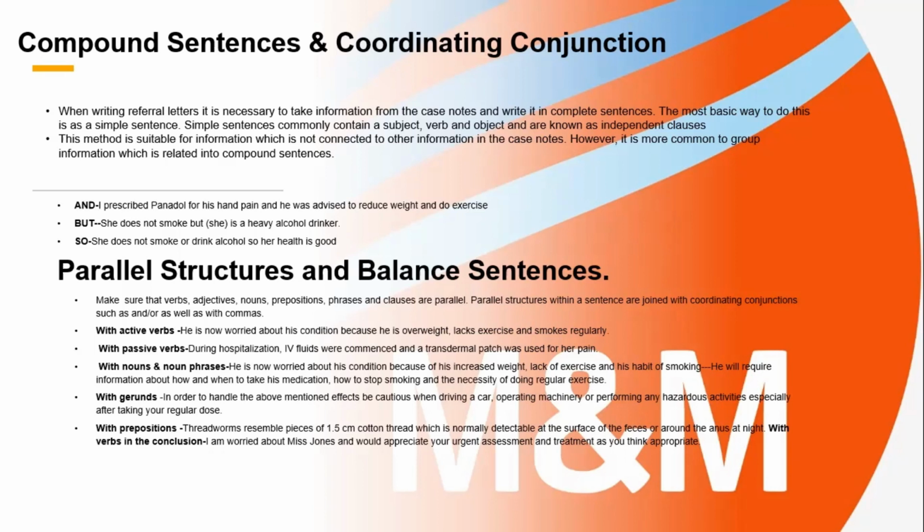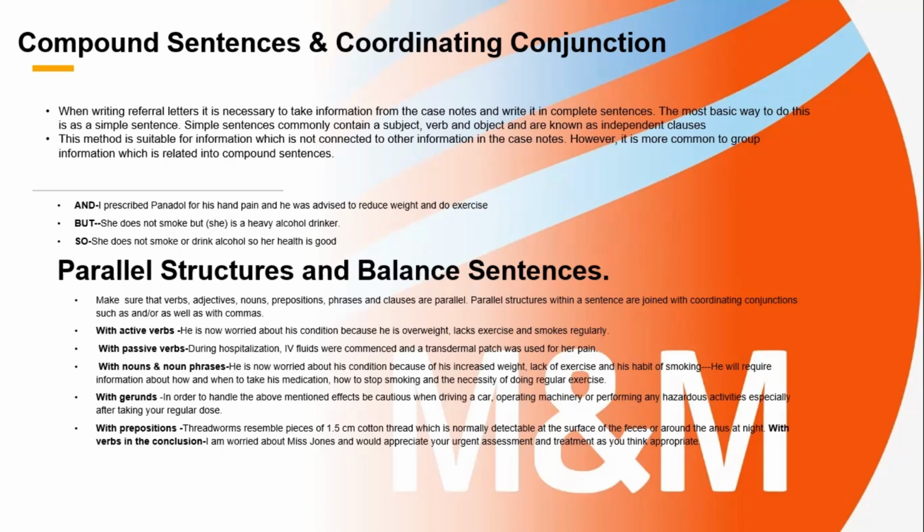And then we have parallel sentences and balanced sentences. As the name indicates, parallel structures and balanced sentences mean that you must have the right form of the verb in the same sentence. If it's active voice, just use active voice. If it's present simple, just use present simple. If it's passive voice, just use passive voice, and so on. There are a few examples written in front of you. Let's say he was admitted to the hospital, passive voice, and was treated successfully, passive voice, right?